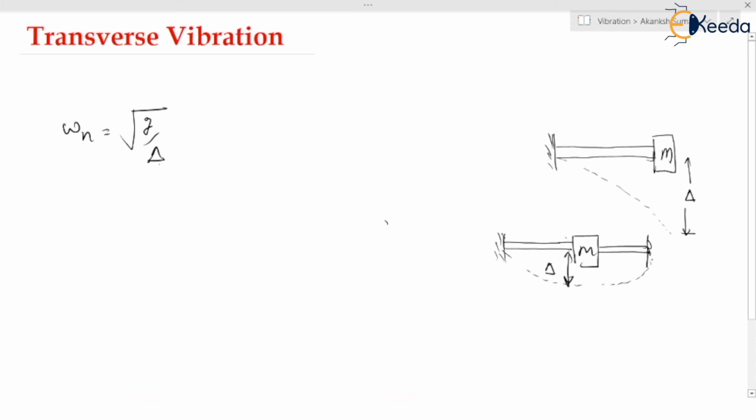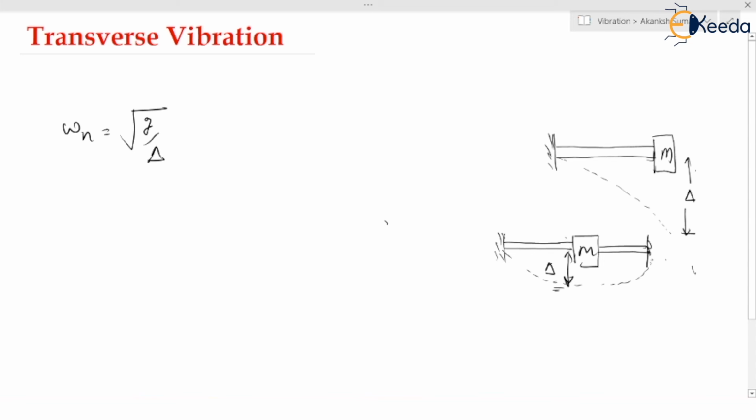If you are applying delta, that means deflection in mm, you have to use the gravitational acceleration also in mm per second square. Remember that condition. So these are the conditions when the mass is attached between the beams here. You can calculate the delta value, and this is the cantilever beam. You can calculate the delta for this cantilever beam.